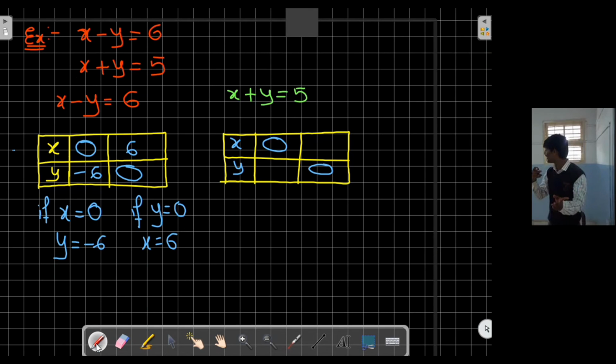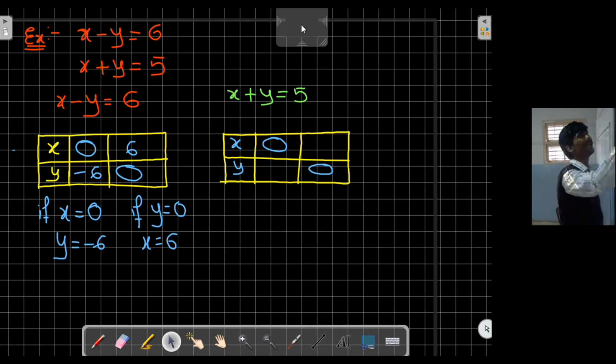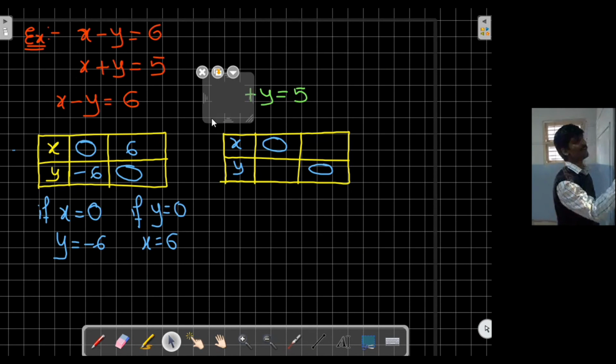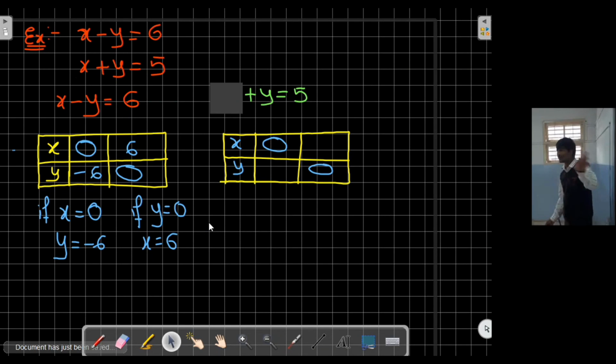You have to write it here. See here, I can take a mask here, then it is very easy to identify. If x is gone, what is remaining? Plus y is equal to 5. It means y is equal to plus 5.